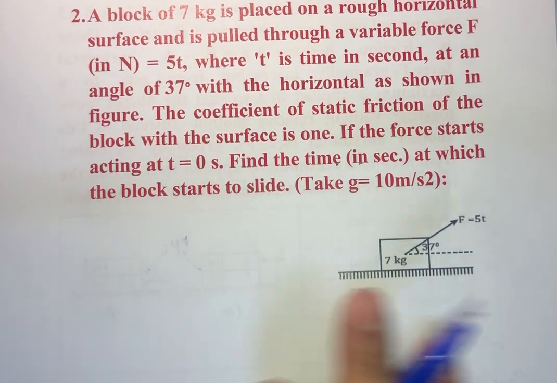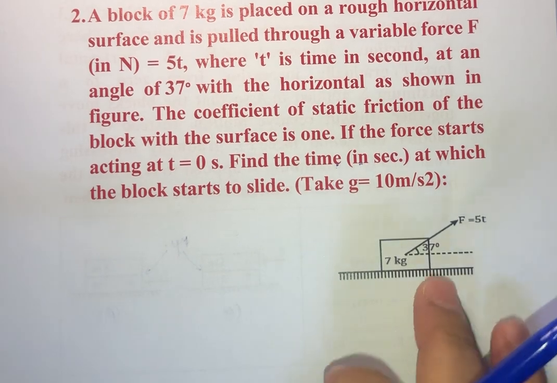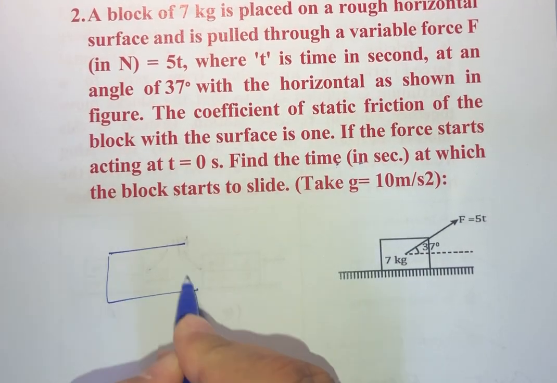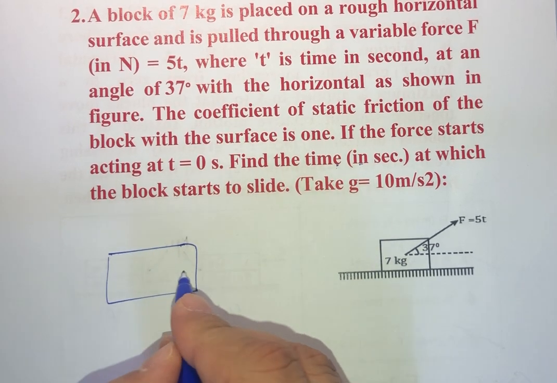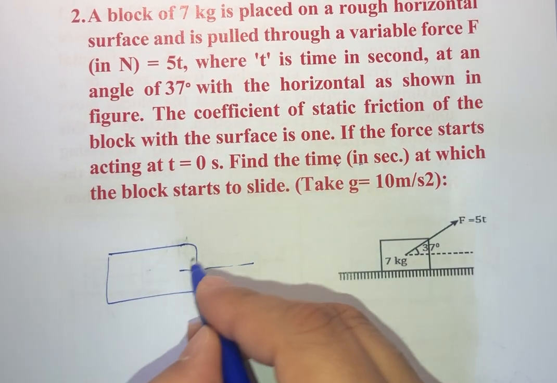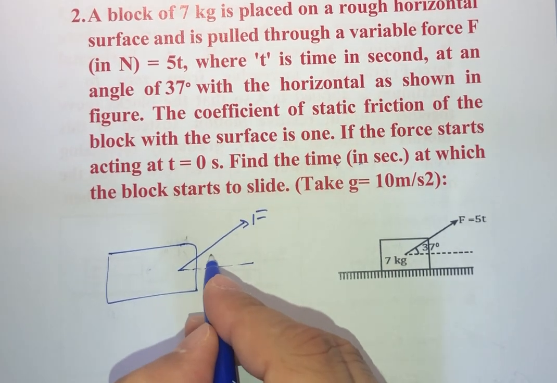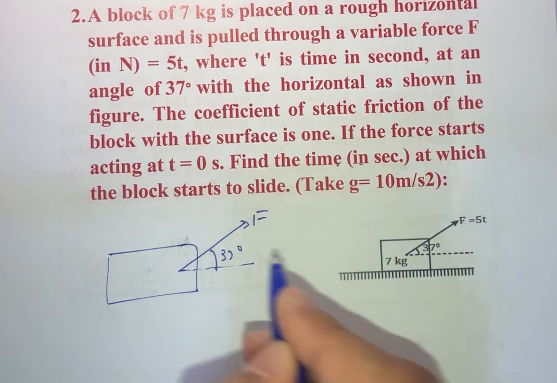So in this case, we can divide this force into two components. This is force F. This angle is given as 37 degrees.